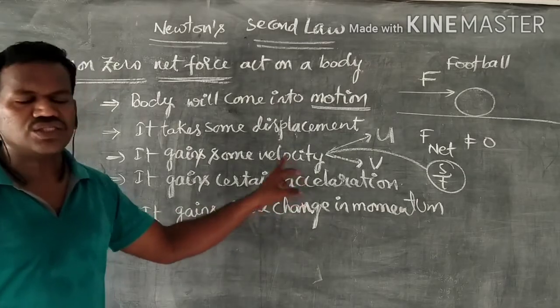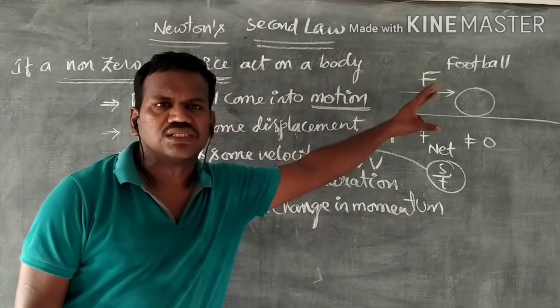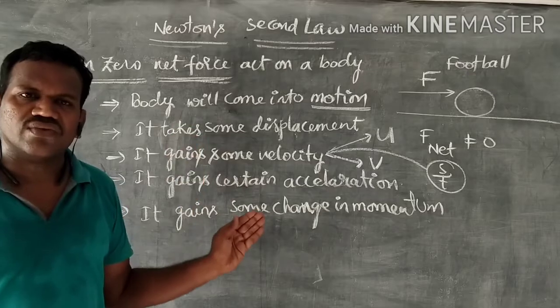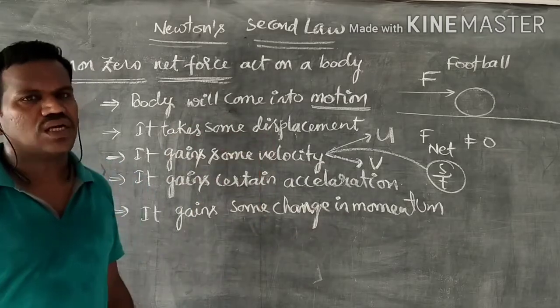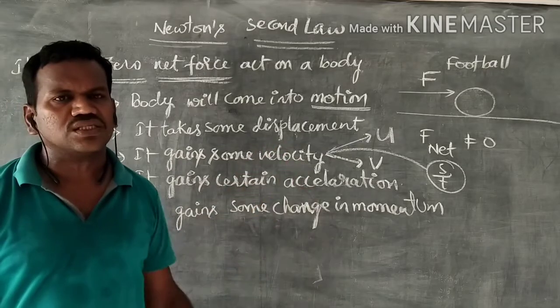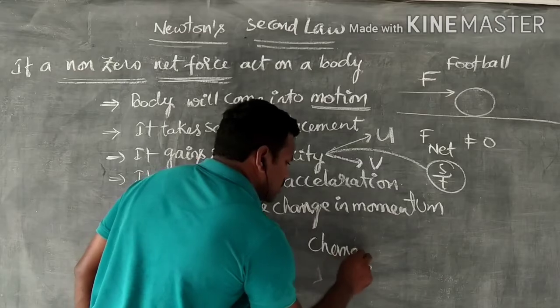Because of the change of velocity, why? Because the body, which is first at rest, slowly attains a certain velocity. That means there is an initial velocity, and a final velocity also occurs. Because of the initial and final velocities, we can get the change in velocity.